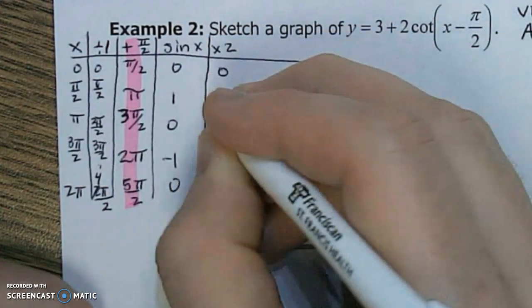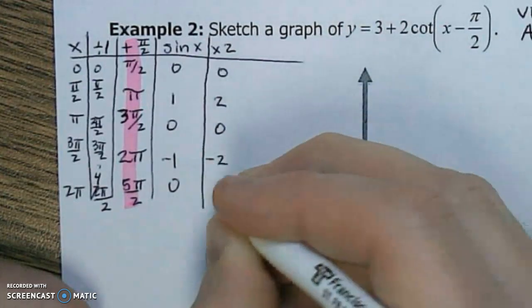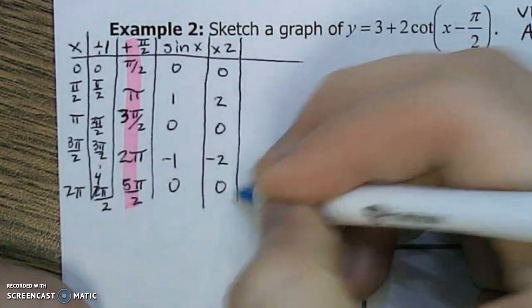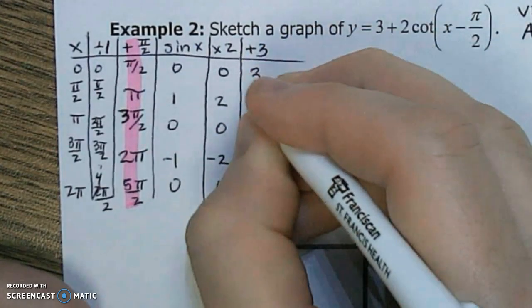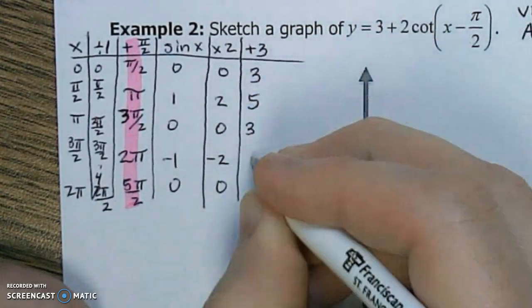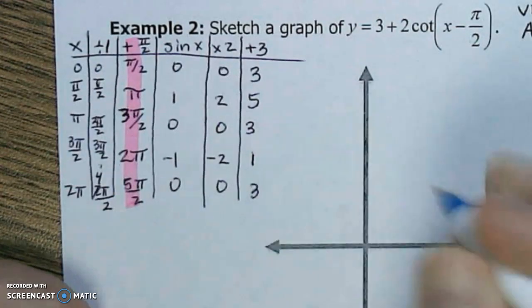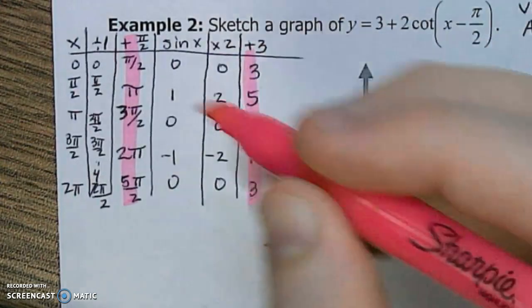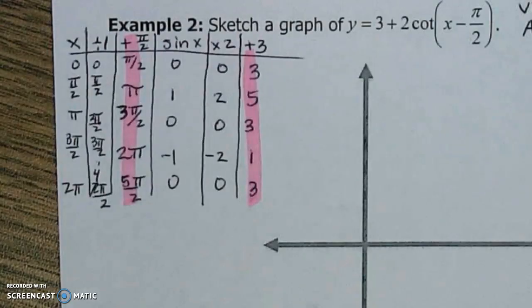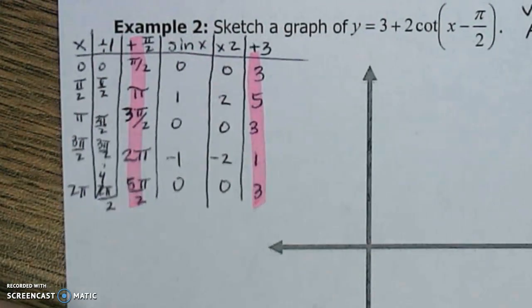So 0, 2, 0, negative 2, 0. And then there's a plus 3, so we're going to add 3 to all those. 3, 5, 3, 1, 3. So those are the y values that we plot.